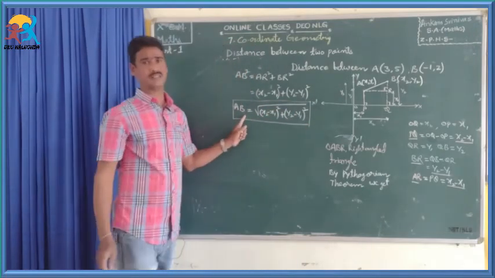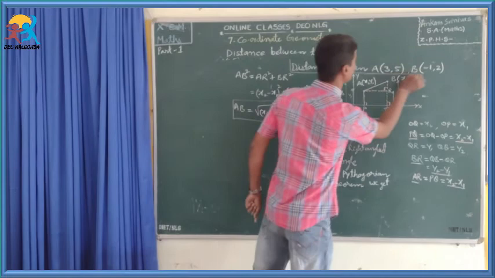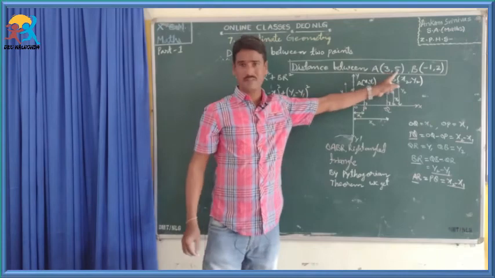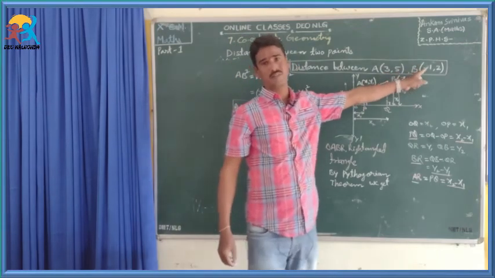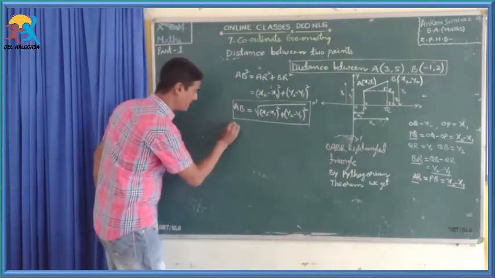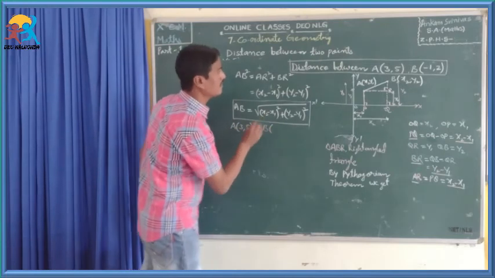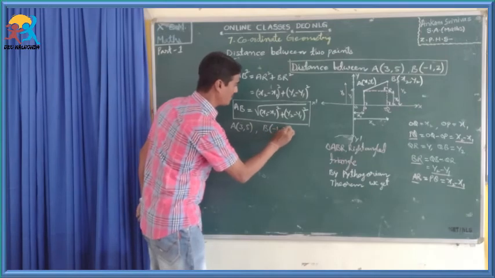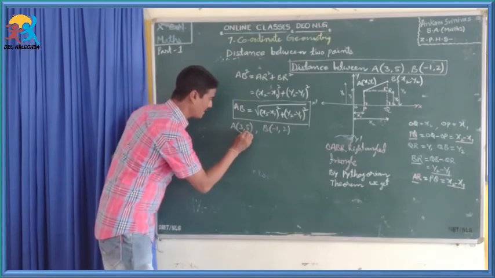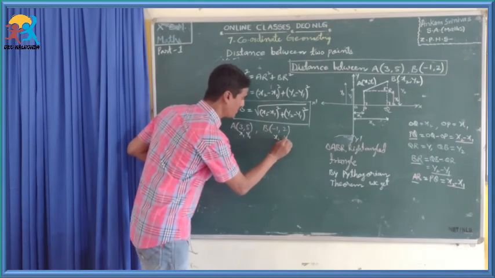Now using this formula, find the distance between 2 points A (3, 5) and B (minus 1, 2). Now you can find easily. Take A (3, 5) and B (minus 1, 2). Here 3 is x1 and 5 is y1, and for B, minus 1 is x2 and 2 is y2.